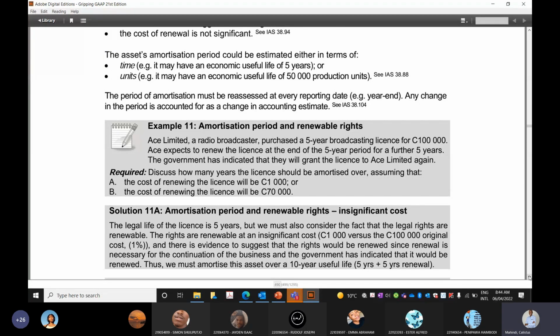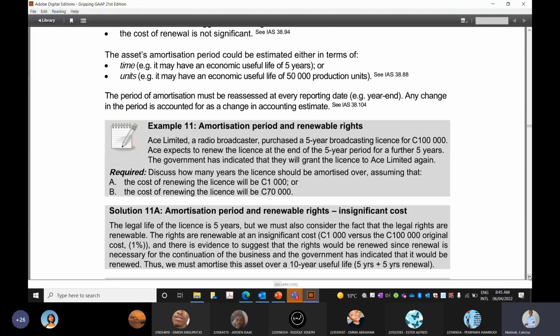And it says there's evidence that the rights would be renewed since the renewal is necessary for the continuation of the business, and the government has indicated that it would be renewed. Thus, we amortize this asset over the 10-year useful life. All right. The important thing to know for this question is that you were granted a renewable period of additional 5 years from the initial 5 years.